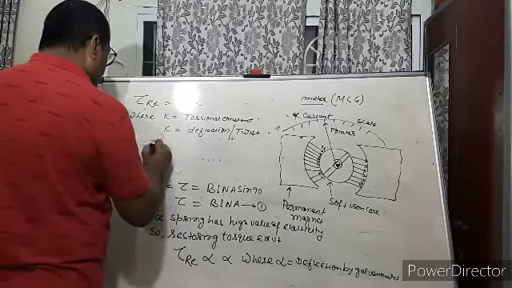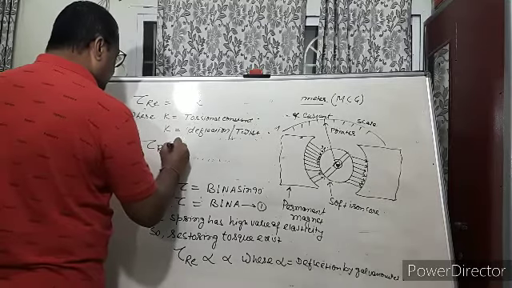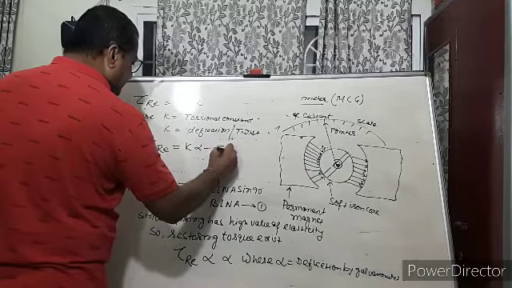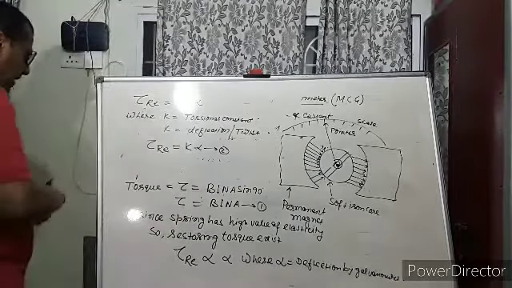So tau restoring equals K alpha. This is the second equation.